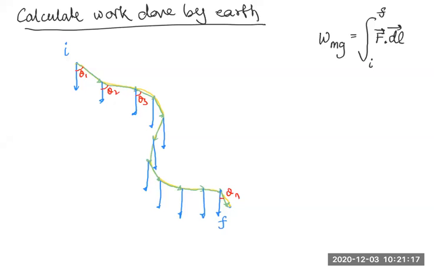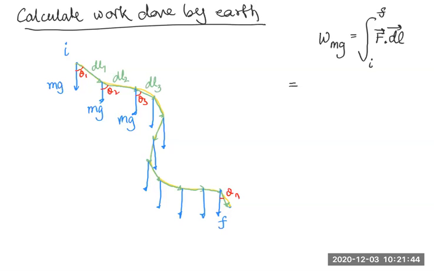This is equal to the dot product here. Let me call this dl1, and of course this is mg. Let me call this dl2, this is mg. Let me call this dl3, so on.